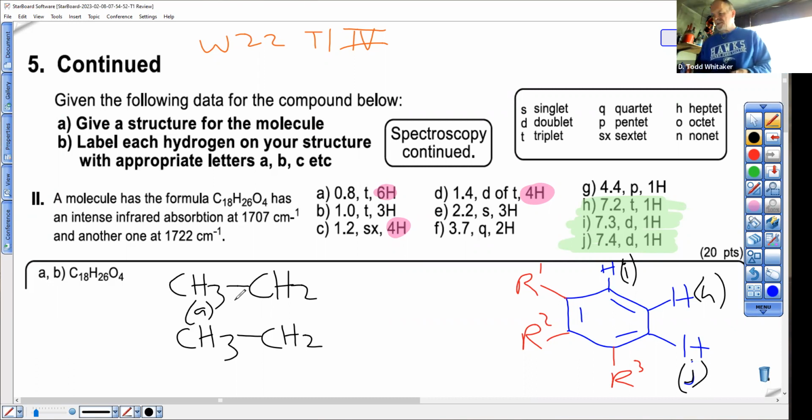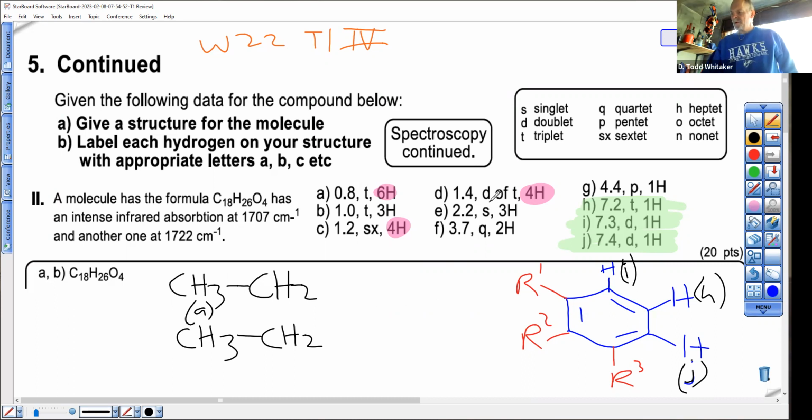These 4 H's can be either C or D. These 4 H's can only be C or D. There's no other 4 H's that are identical in the molecule listed here. So can I make C work? If it's sextet, then I have 3 neighbors on the left. I need 2 more on the right.